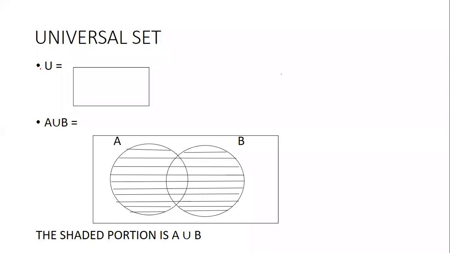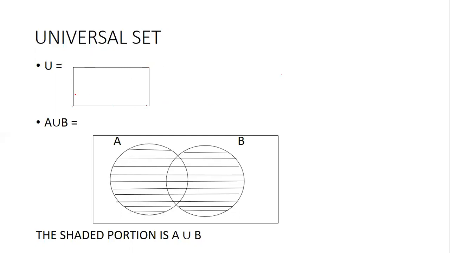Now, for representing the universal set. What is a universal set? It's a bigger set that has all the required elements in it. From that universal set, we derive a lot of smaller sets. The universal set is represented by a closed figure, usually a rectangle. That is why they said closed figures: it's not open in any part or corner.